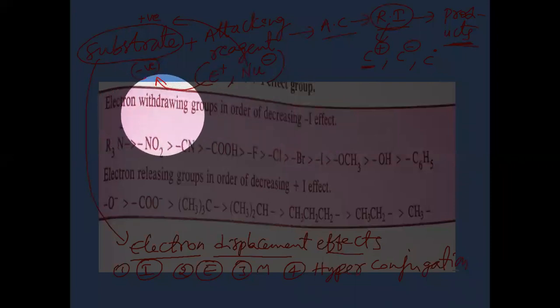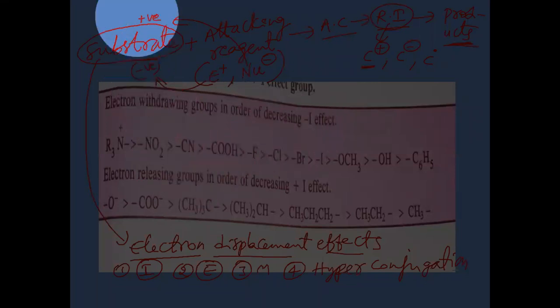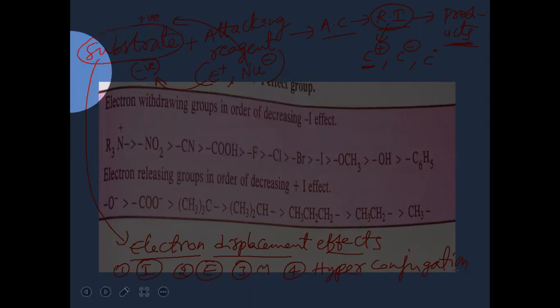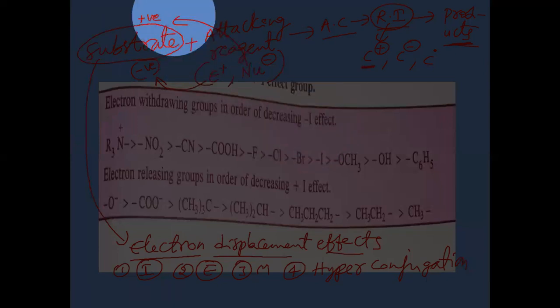So electron withdrawing groups means capital I groups, in the decreasing order of minus I effect, will be like this. Two types of effects will be there: minus I effects and plus I effects.